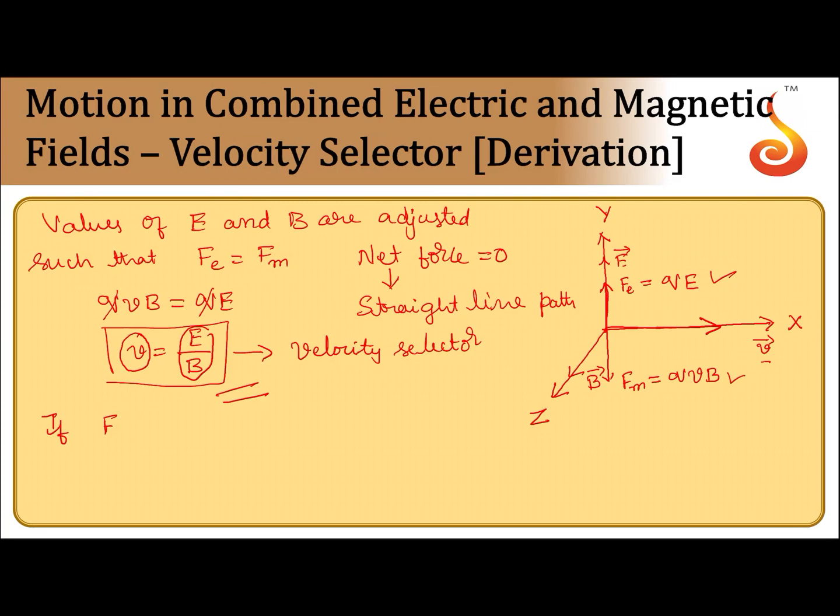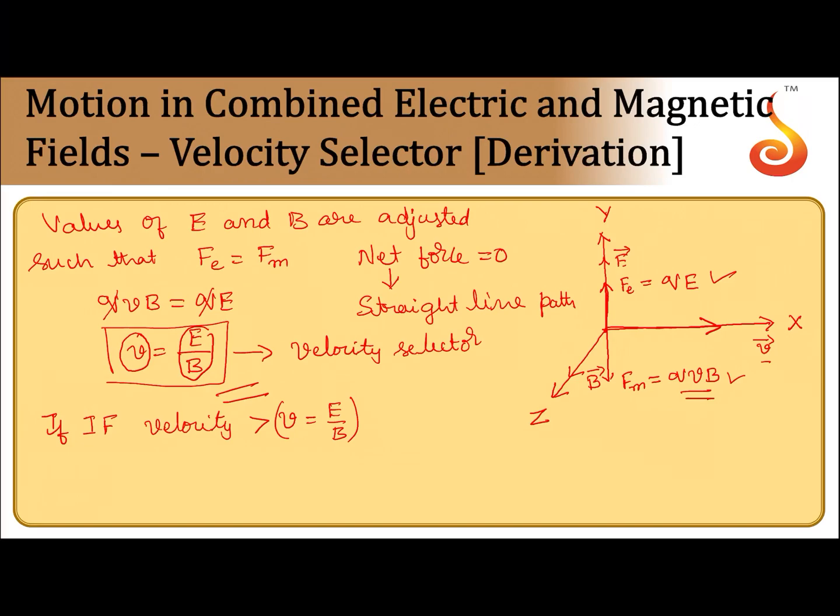Suppose if velocity of the charged particle is greater than the selected velocity, V equal to E by B, right? If velocity is greater, this magnetic force will be greater.